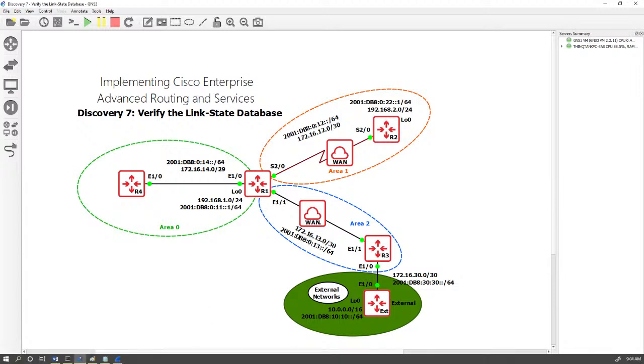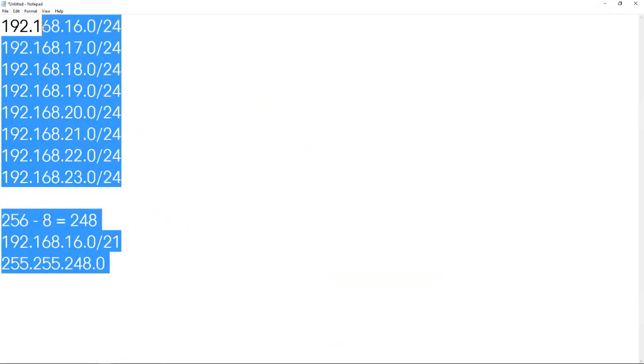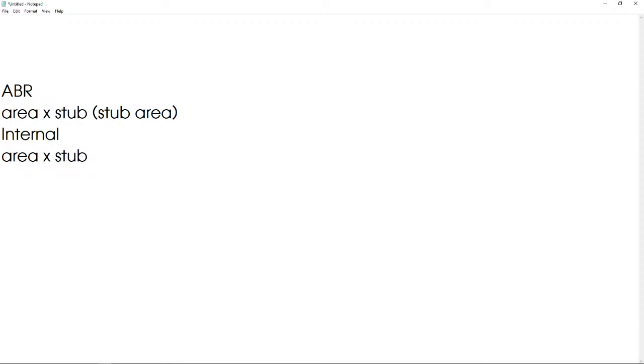So you could say, for example, on the ABR, it would look like this: area X stub. That would be a stub area. And then the internal routers would be just area X stub. If you wanted a totally stubby area, you would say area X stub no-summary.